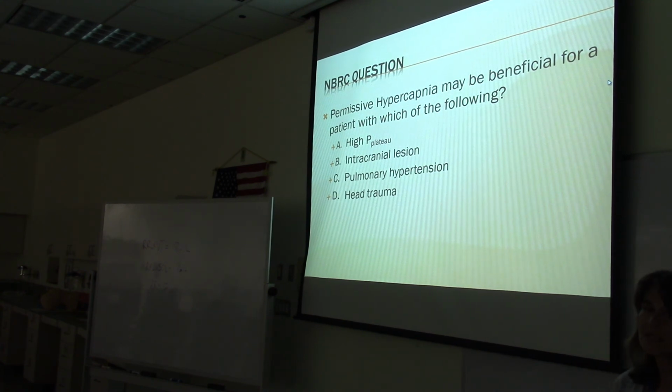And if you keep trying to ventilate with more pressure to get the CO2s down to normal, you end up damaging the lungs. So maybe we should just settle for the high CO2s instead of damaging the lungs to try to blow off more CO2.